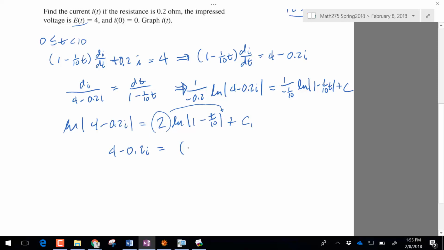It'll be 1 minus t over 10 squared times e to the c, which we can call c2. It's times, right?